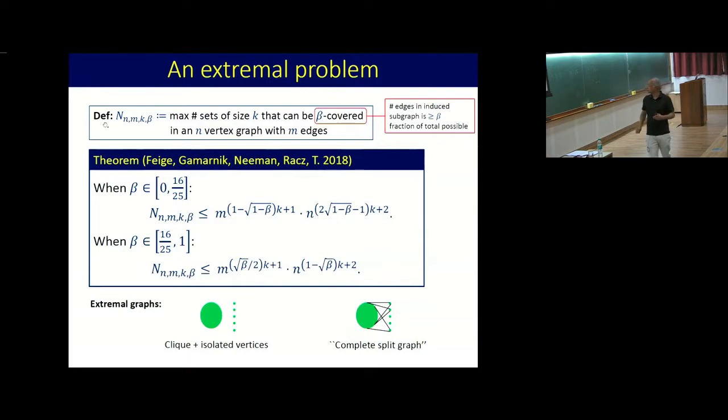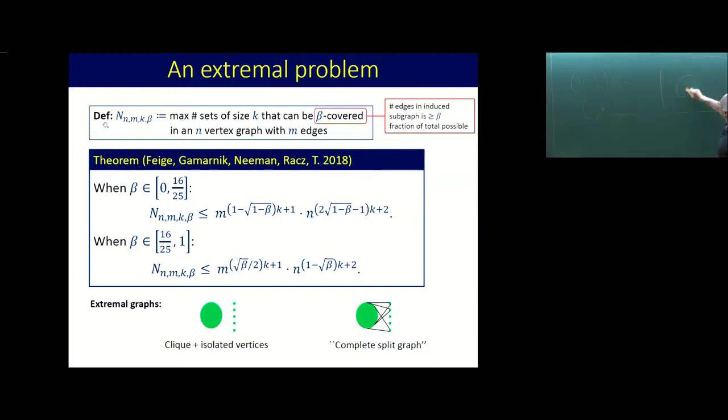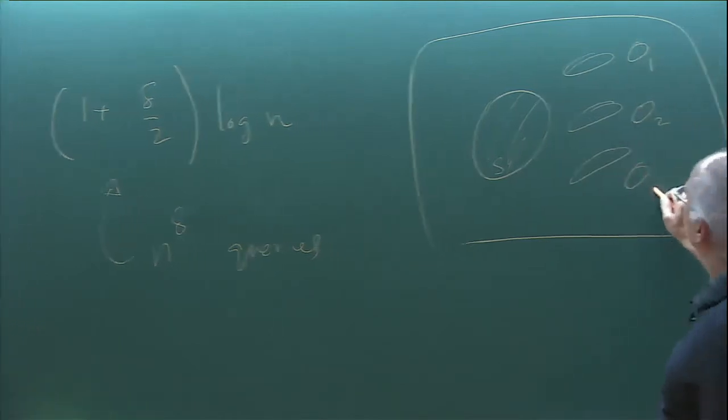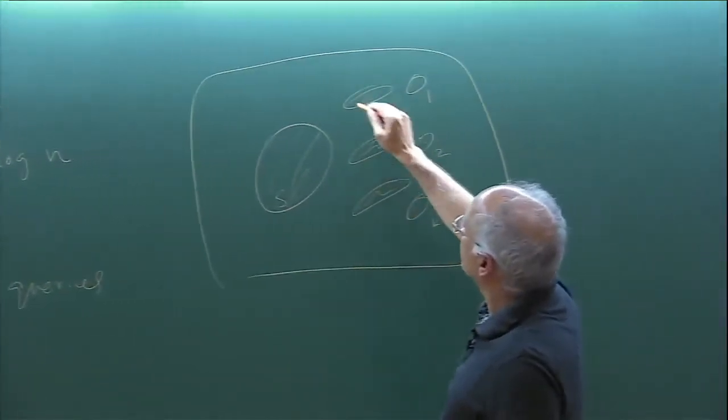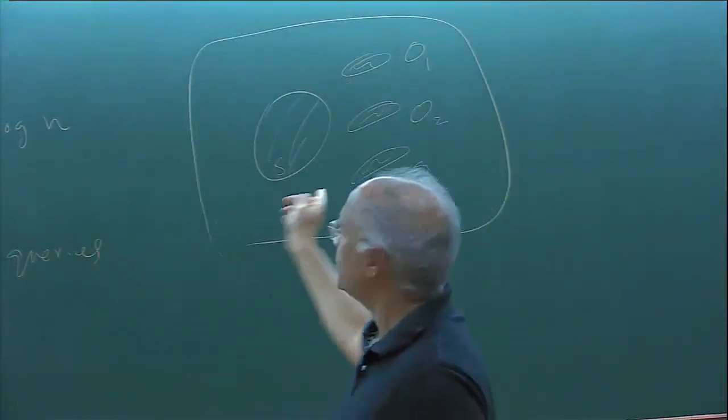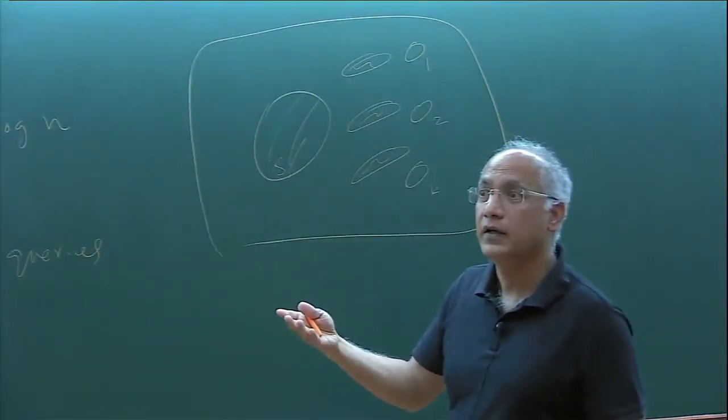And Tutte's theorem says the following easy observation, that if you have this graph, you remove any subset of vertices S, okay? When you remove this, suppose you have a bunch of odd components. Odd component means the number of vertices in each of these is odd, okay?